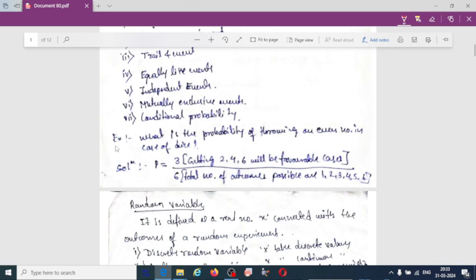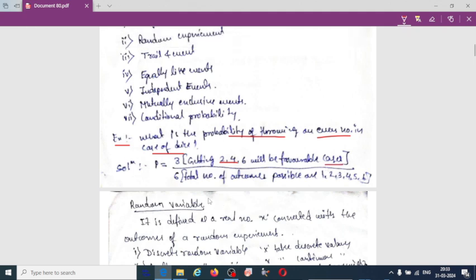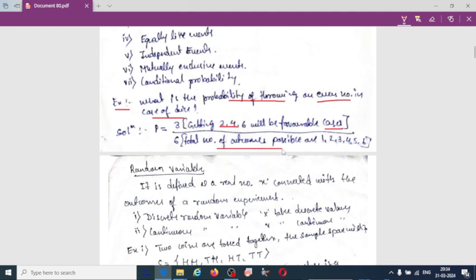One example I am going to discuss with you is, what is the probability of throwing an even number in the case of a dice. If we consider a dice, there are 6 faces. So we write probability P is equal to 3 divided by 6. 3 is what, getting even numbers. 2, 4, 6 are the favorable cases and 6 is the total number of outcomes, because they have asked for an even number.